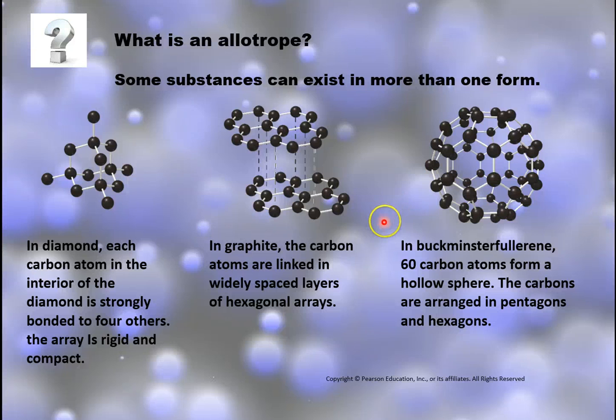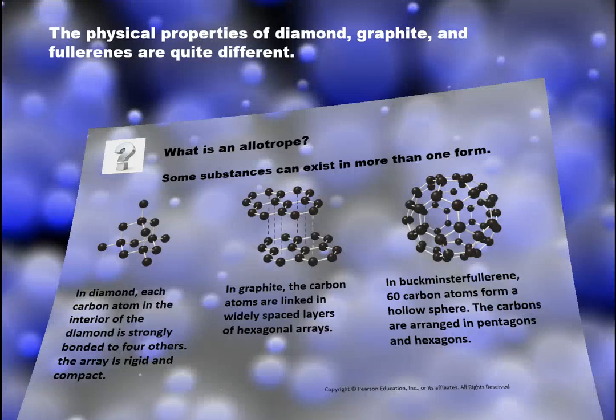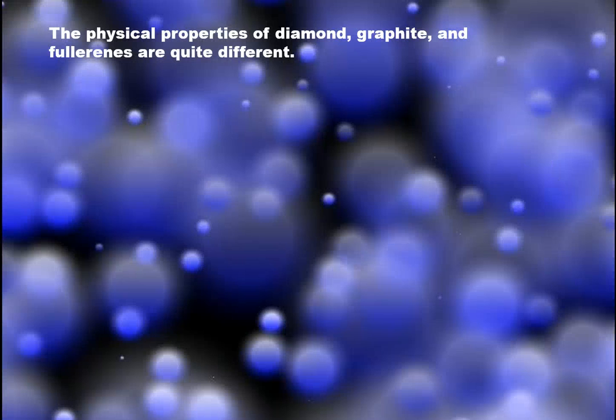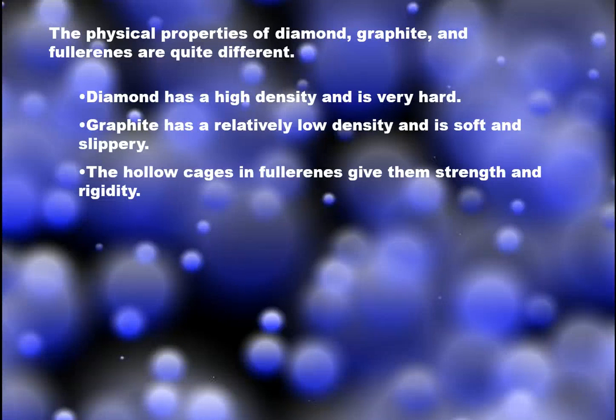Now, I just read an interesting article recently that these fullerene hollow tubes are being used as delivery systems in some of the newer medicines, drugs that are being developed. The physical properties of diamond, graphite, and fullerenes are different because of their structures. Diamond has a high density and is very hard.